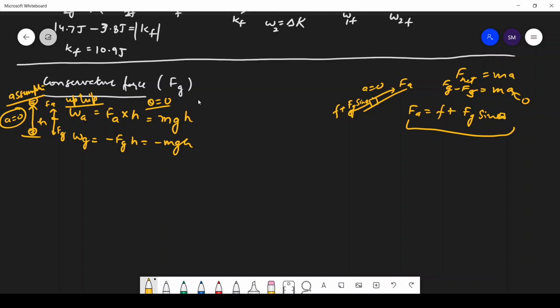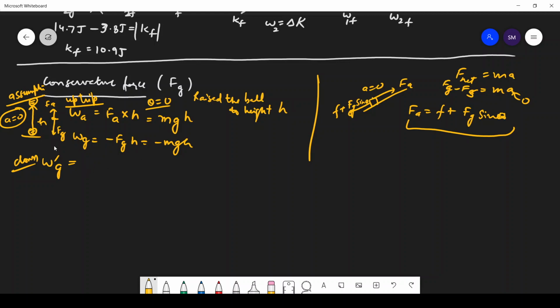I have raised the ball to height h. So these are the work done by the gravitational force. And if you find the work done by the gravitational force in the down trip, now both the forces are in the same direction.